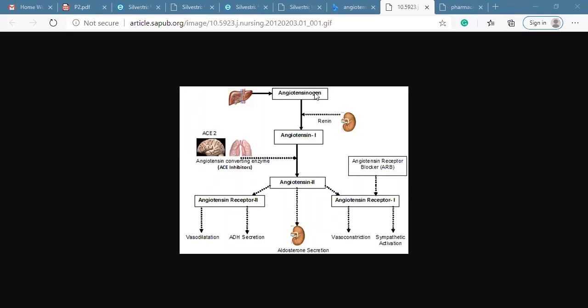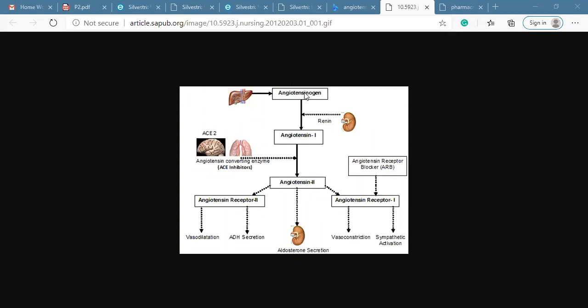Angiotensinogen, produced by the liver, converts to angiotensin 1 in the presence of renin, released by the kidney, and angiotensin 1 then converts to angiotensin 2.